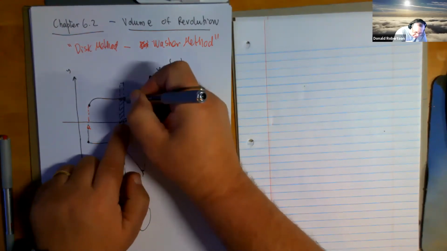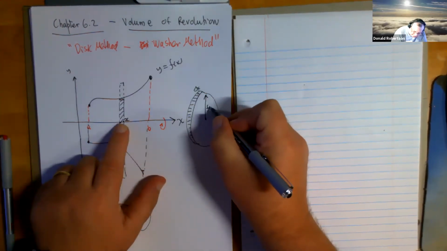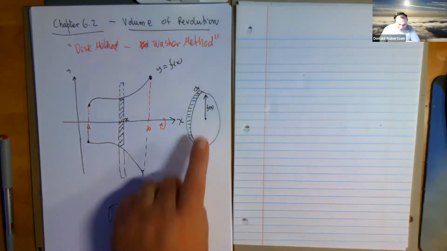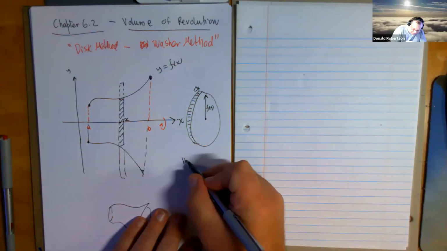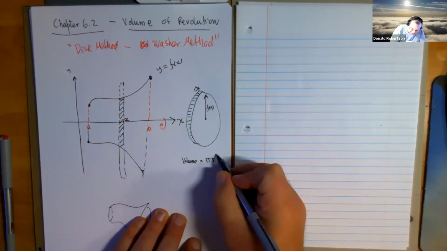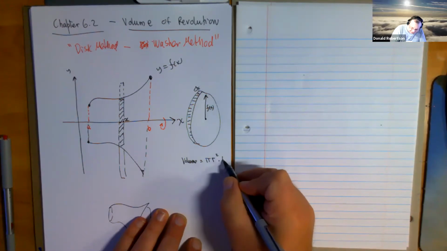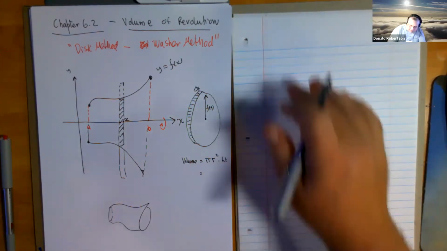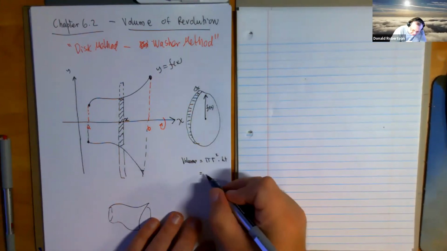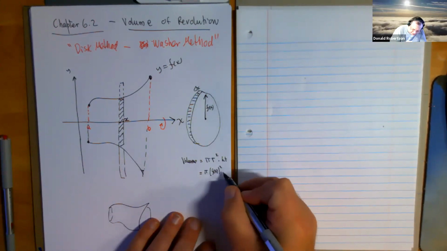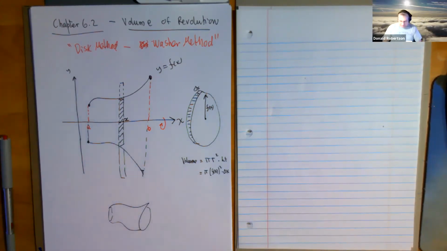Well, at position x, won't that be f of x? So this disc has a volume, and it's pi times the radius squared times the height. It's a little baby rectangle. Not rectangle, a little baby cylinder. And it's pi f of x squared delta x.